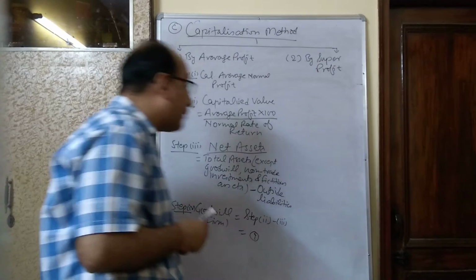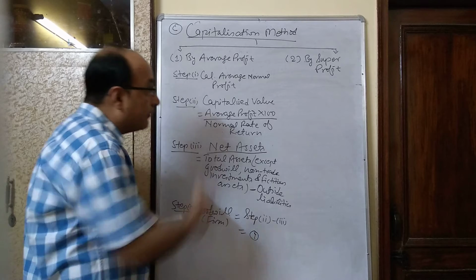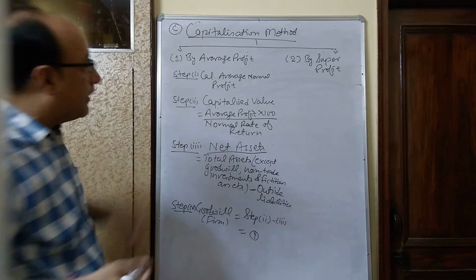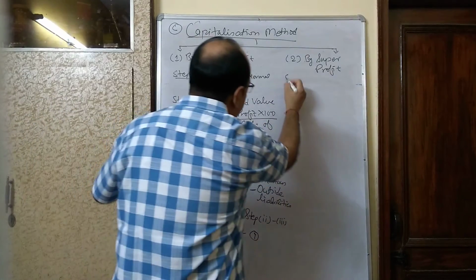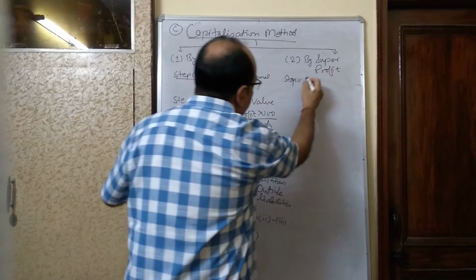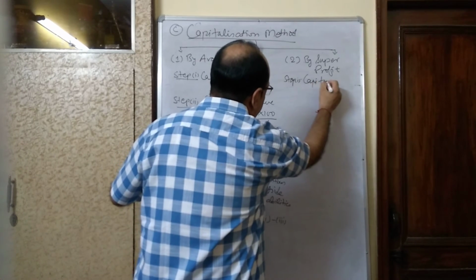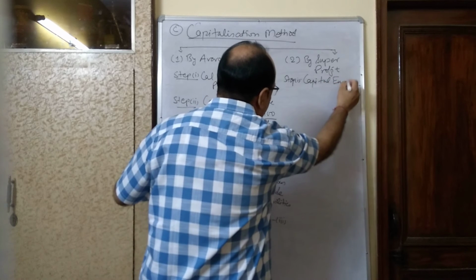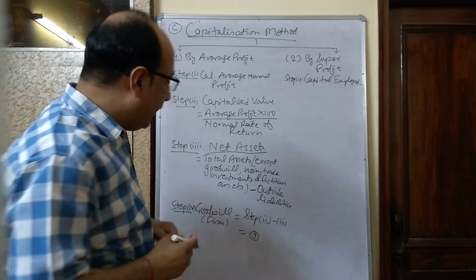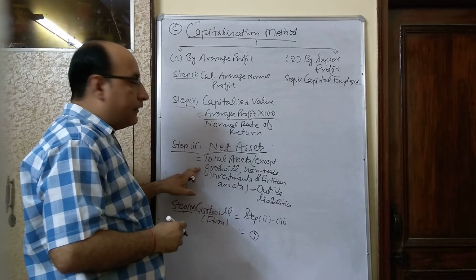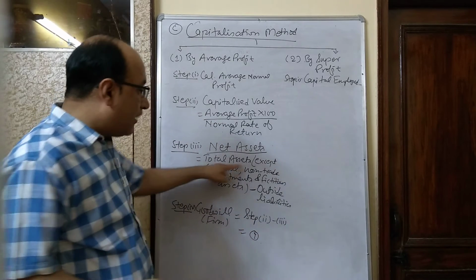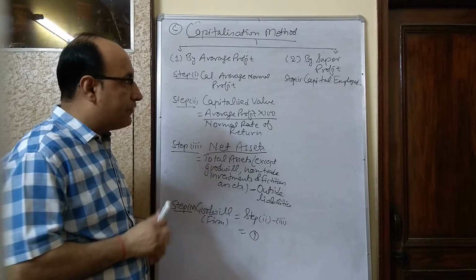Now coming to the next part, that is the super profit method under capitalization. When we say by super profit method, the formula will be the same. Step 1, what do we have to calculate? First of all, we have to calculate the capital employed. How will we calculate capital employed? Same as before: total assets minus outside liabilities.